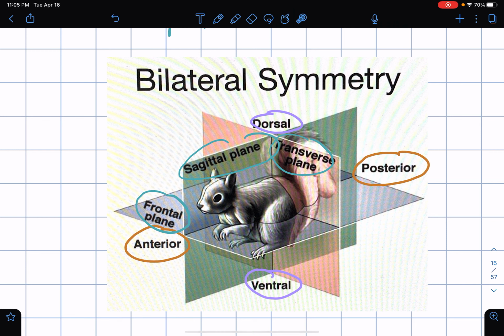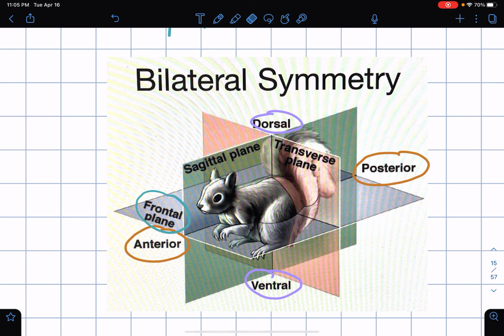Ventral from below, dorsal from above. Sagittal plane basically divides the left and right side of the. Wait, this isn't a rabbit. I'm sorry. I think this is a squirrel. I wonder why I kept saying rabbit since earlier.